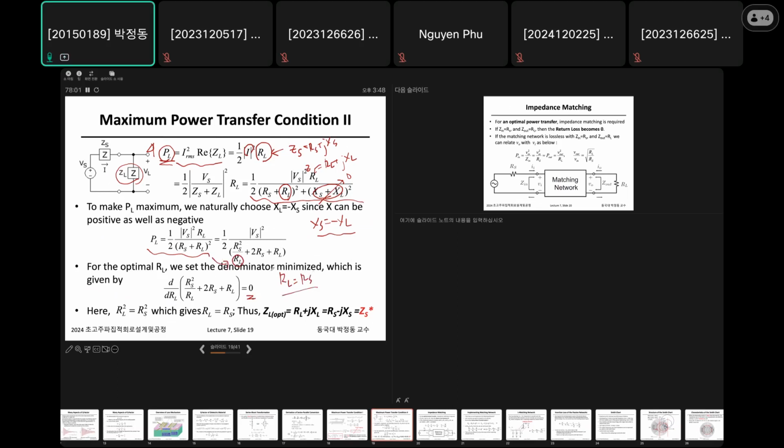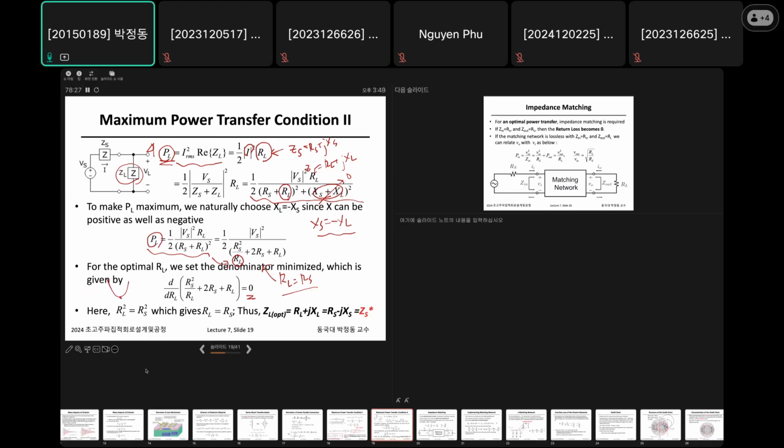So this is a typical way of extracting the min-max value. Because of this shape, if you choose this here and the denominator becomes minimized, which means this becomes maximized.